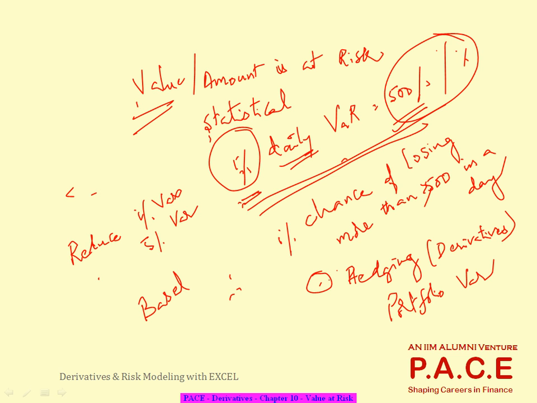When I'm saying reduce the value at risk, 99% of the time my loss will be lesser than that much itself, which is giving me more and more confidence. The reduction in the loss is giving me more and more assurance and guarantee that whatever I'm investing, I'll get a good return on that. So that is where VAR has become a very powerful tool.